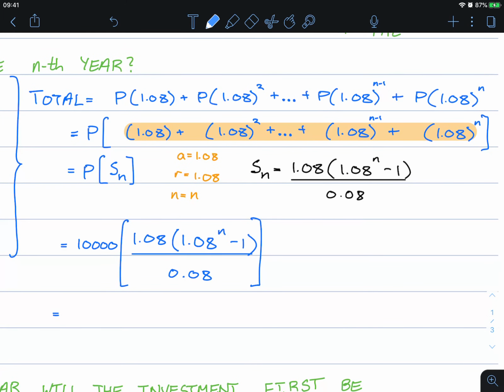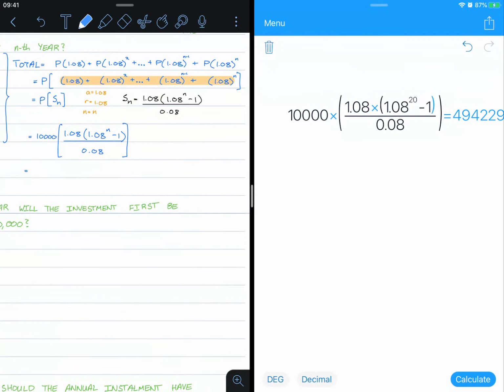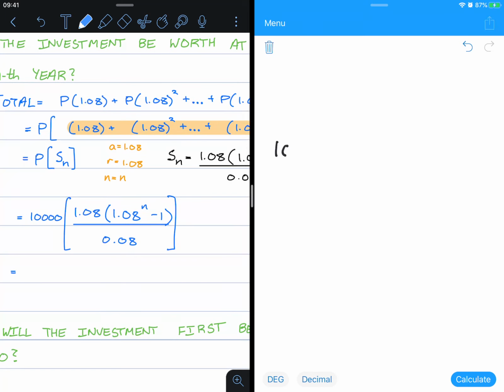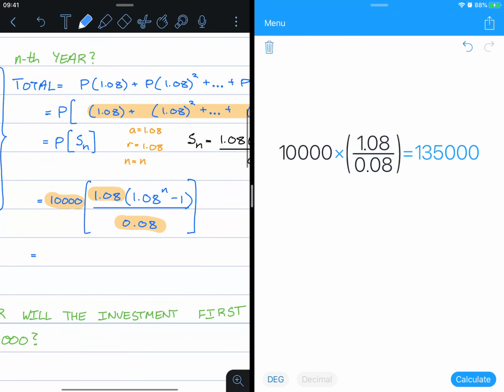Evaluating all the terms here except for the n values, this will give us 10,000. Now I'm only evaluating these ones here in orange. So 10,000 times 1.08 over 0.08, leaving me with 135,000 times 1.08 to the power of n minus 1.